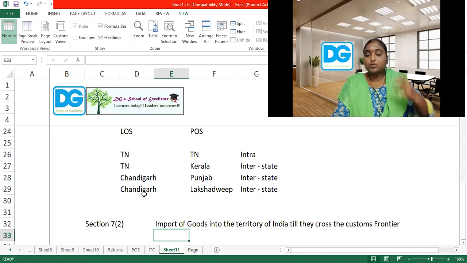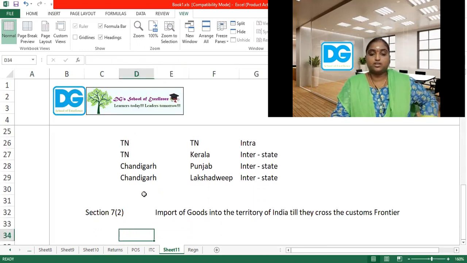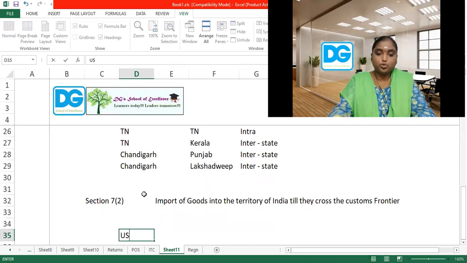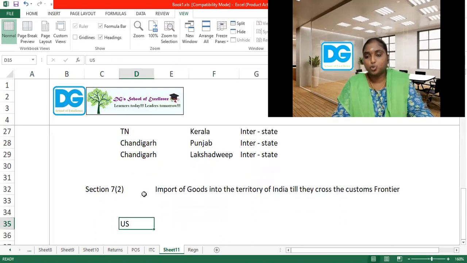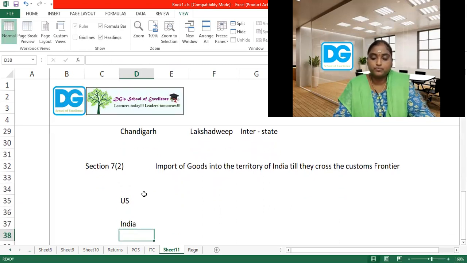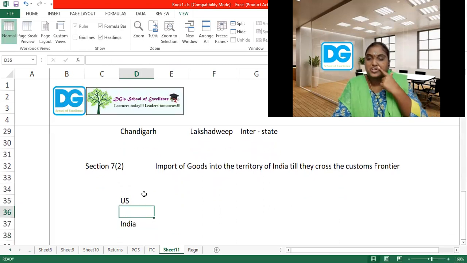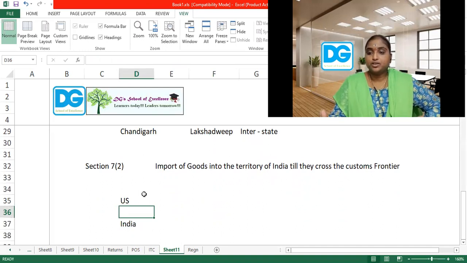Say you import goods from outside India, say from the US. You are in India, and the goods are coming to India. Up to 200 nautical miles is said to be the customs frontier.